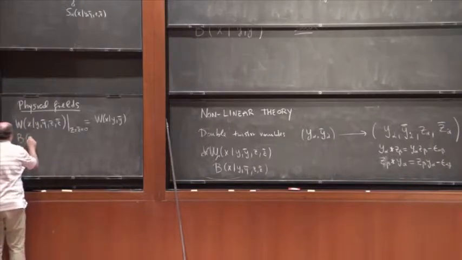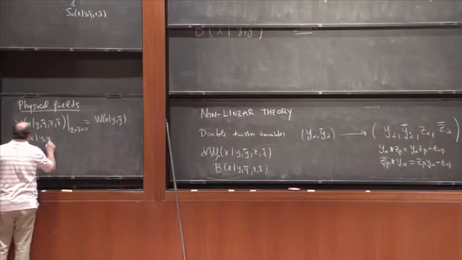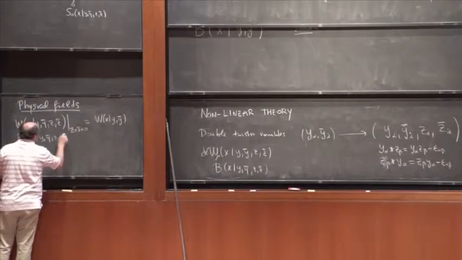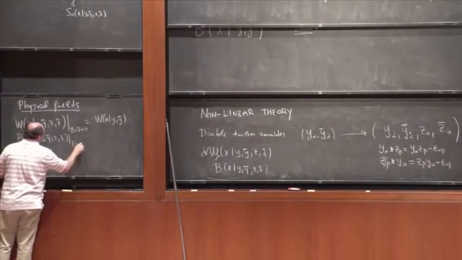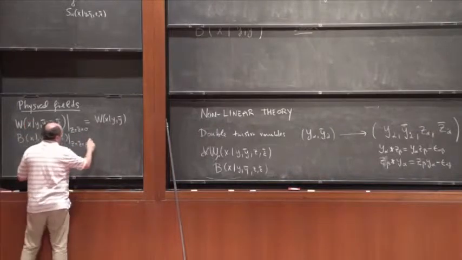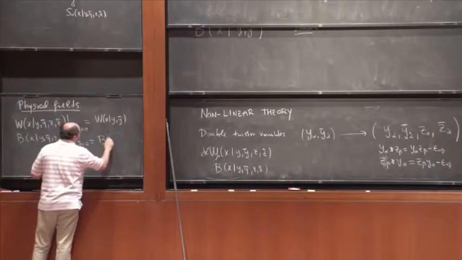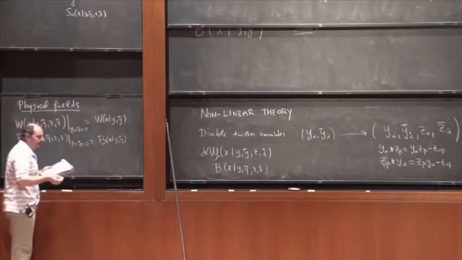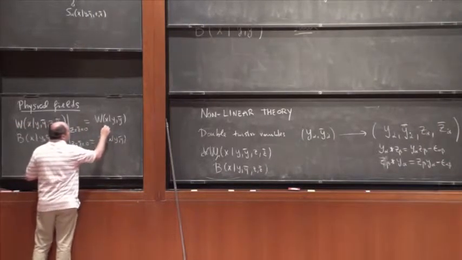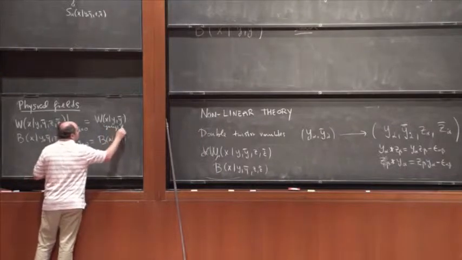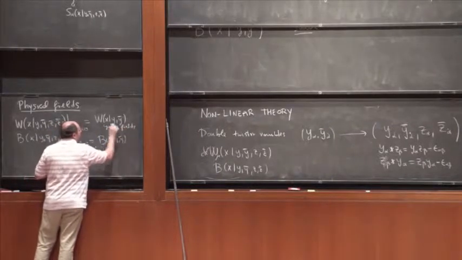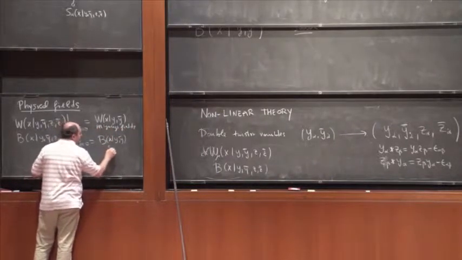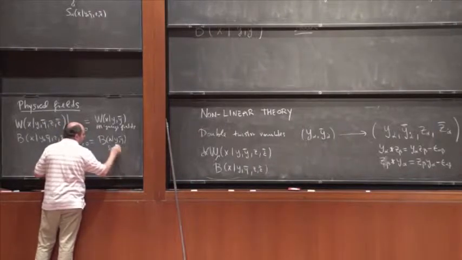And the B, again, after we project it to 0, this component, which is independent of Z, will be the scalar field and the curvatures. So these are the gauge fields. Here is the scalar plus curvatures.